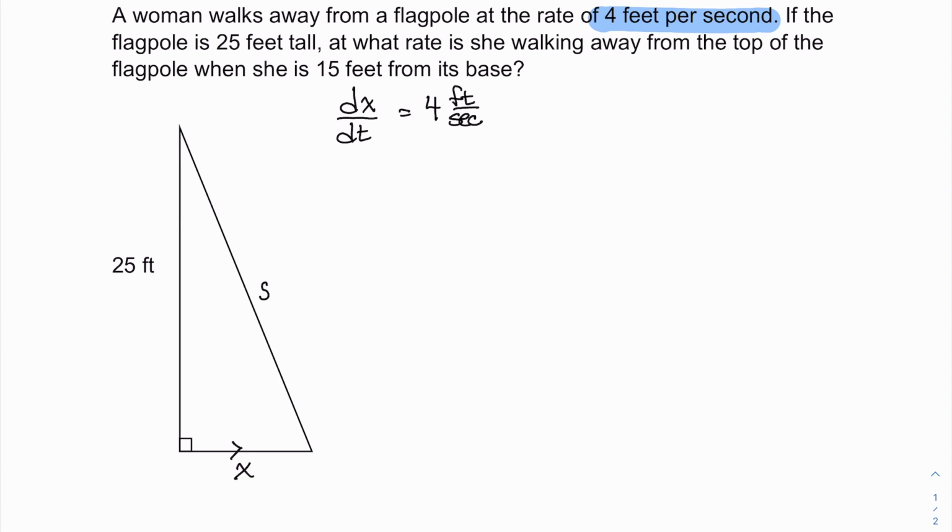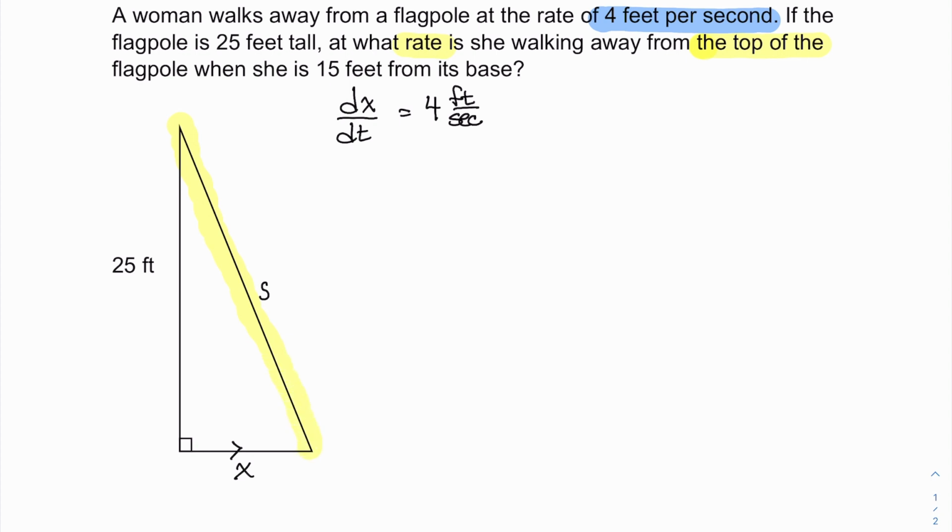Now we have that the flagpole is 25 feet tall. And it says, at what rate is she walking away from the top of the flagpole? So it's asking me for the rate that she's walking away from the top of the flagpole. So that is from the top of the flagpole down to her feet.